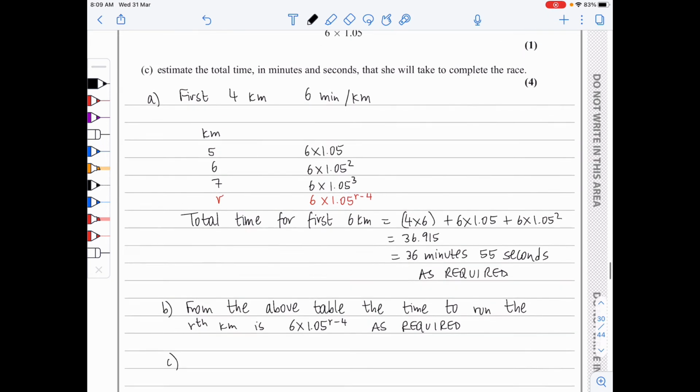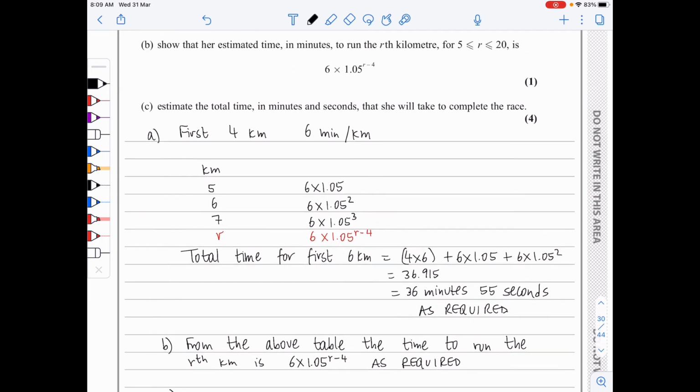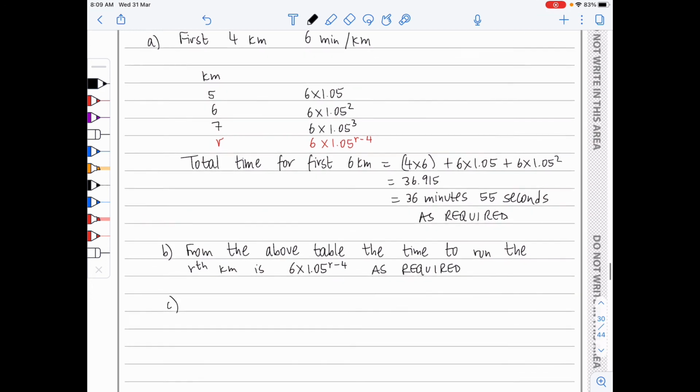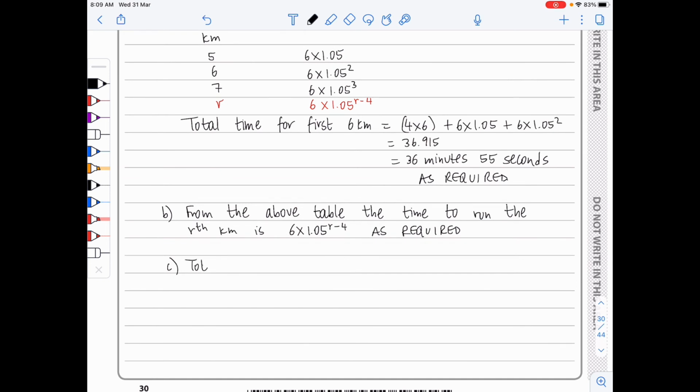And then C, we need to estimate the total time in minutes and seconds that she will take to complete the race. So the total time will obviously be the 6 times 4 for the first 4 kilometers, and then it's going to be 6 times 1.05 plus 6 times 1.05 squared up to 6 times 1.05 to the power of 16, for the 20th kilometer.